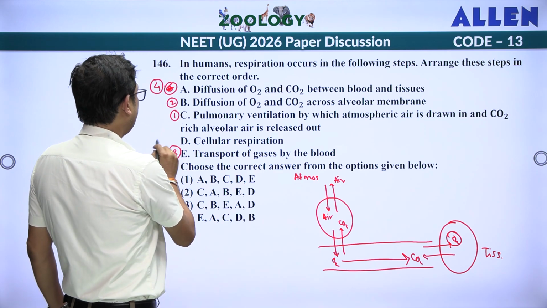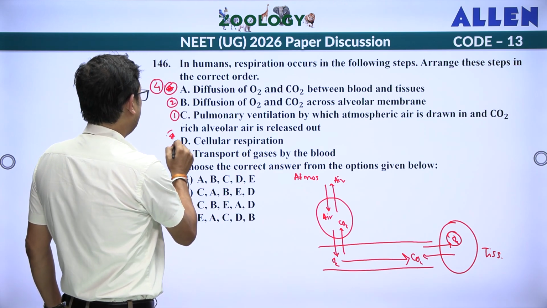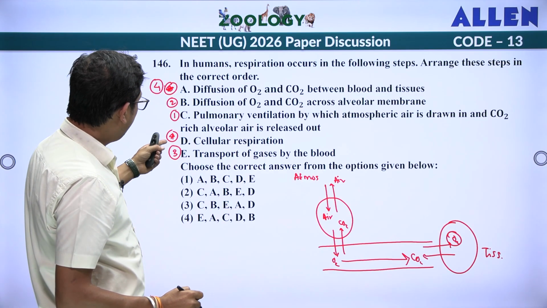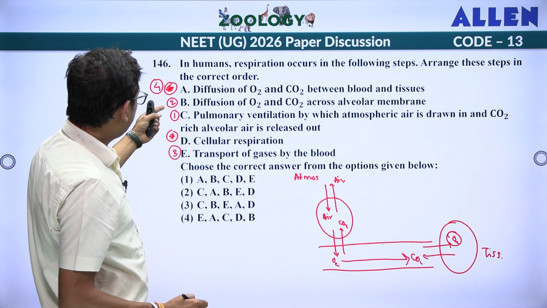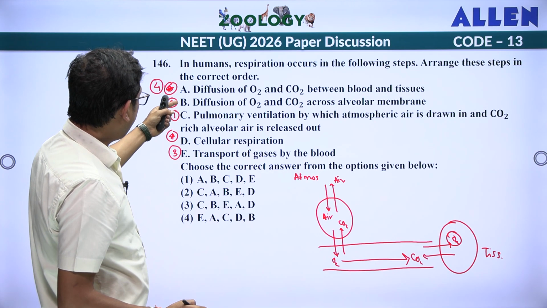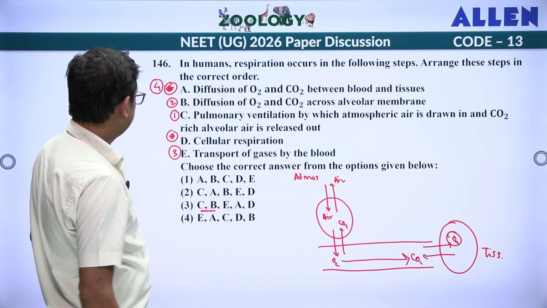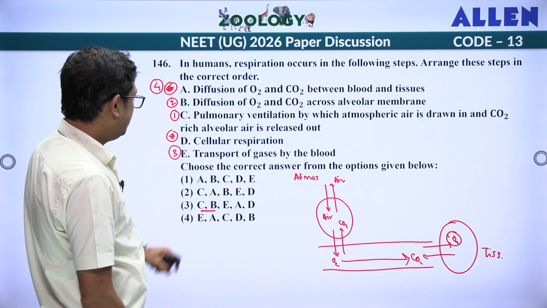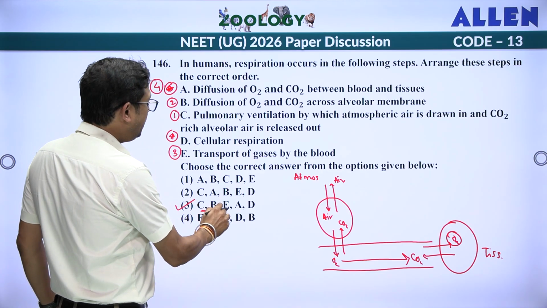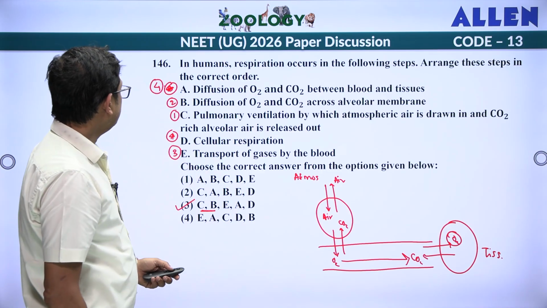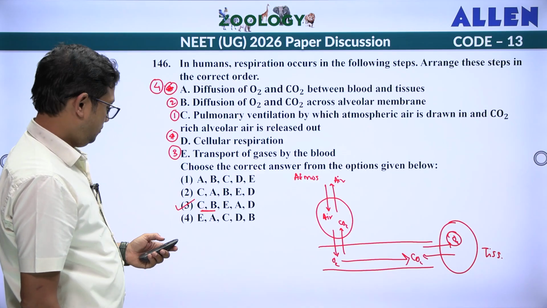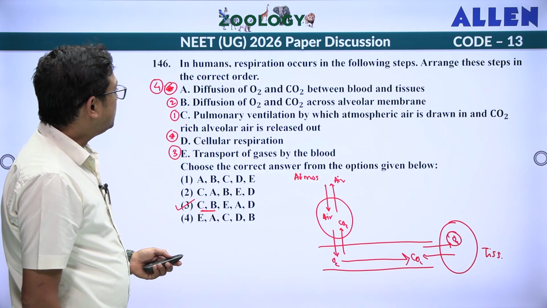So let us see. We don't need to read till 4. I think the first and second only will decide the answer. CB. Answer is the third one, CBEAD.